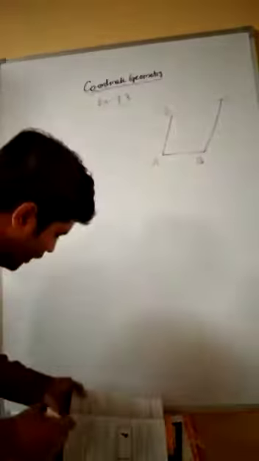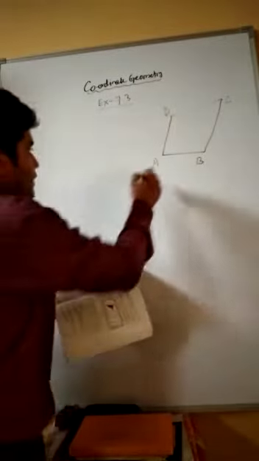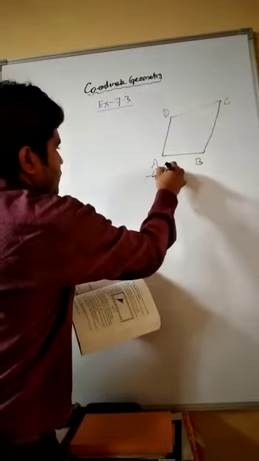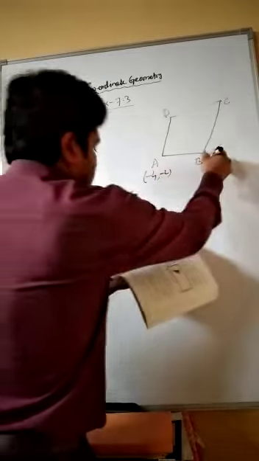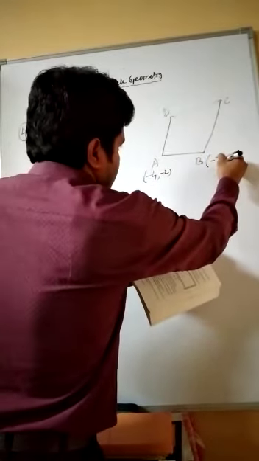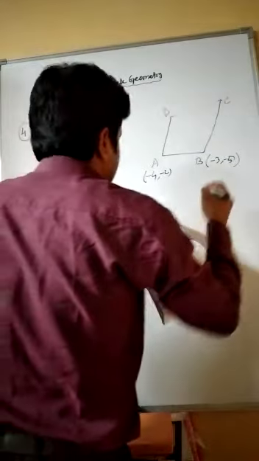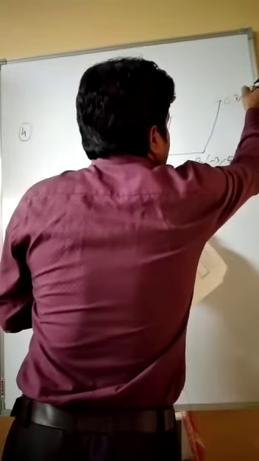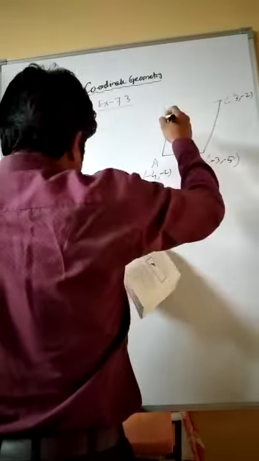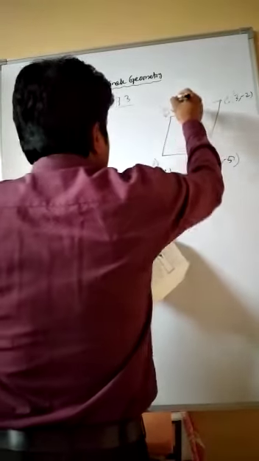You see here the coordinates are given: minus 4, minus 2, and then minus 3, minus 5, and then 3, minus 2, and then this one is 2, 3.